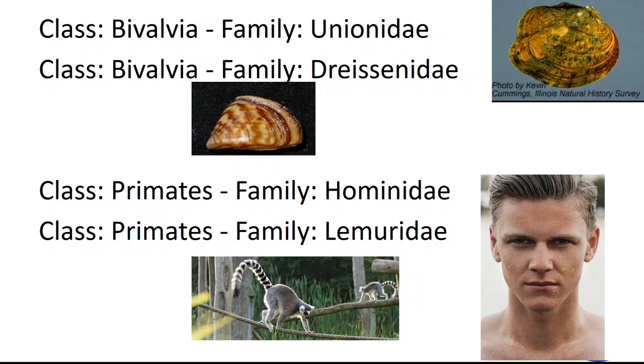So this doesn't take into account anything like genetic distance or evolutionary distance. But by naming conventions, the Unionids and the Dreissenids have about the same level of name similarity as we do with lemurs. Just let that sink in.